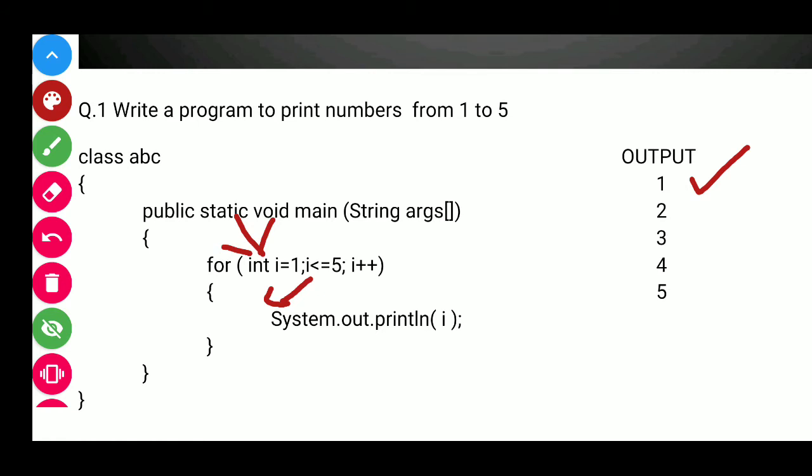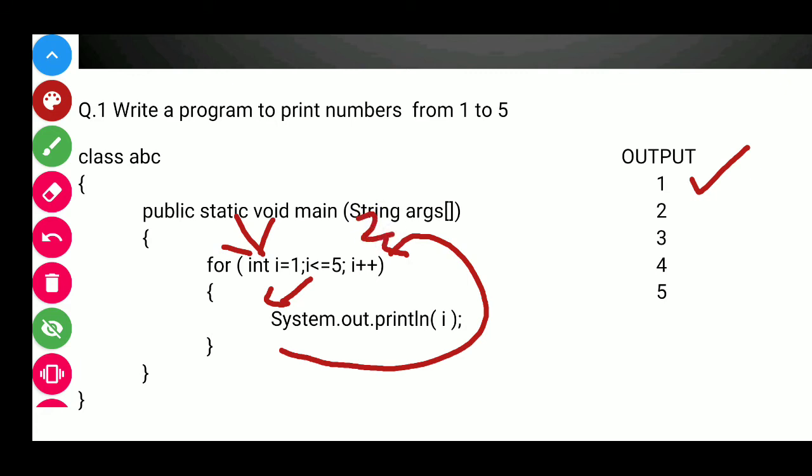Then again control will go back to the increment or decrement operator, the third part of the for loop. Because of i++, the value of i will increase by 1. So i will become 2.